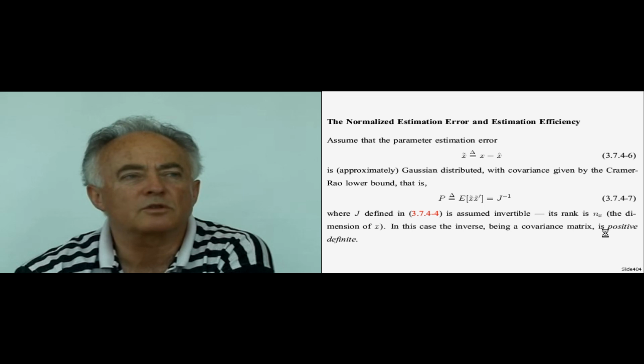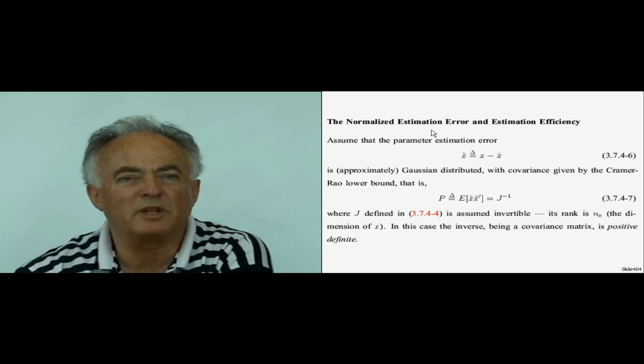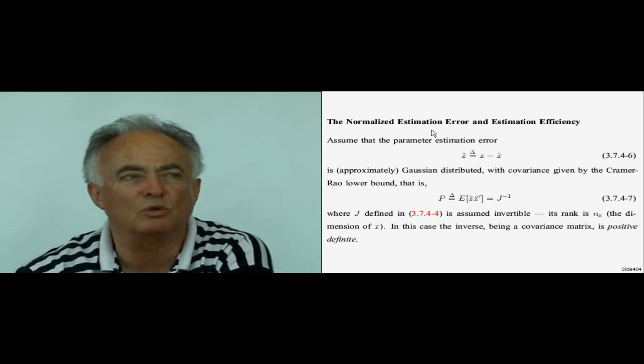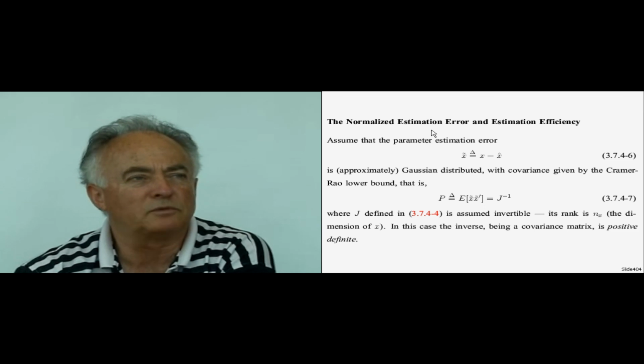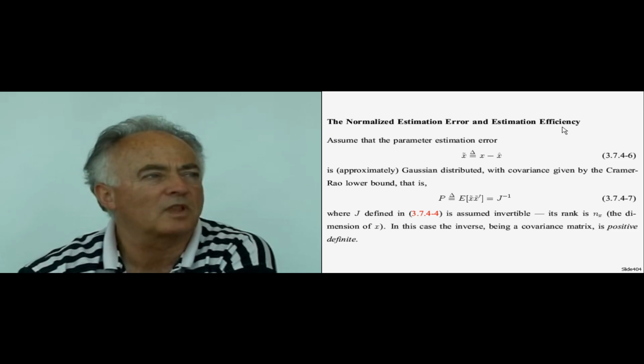Next, assuming that the Cramer-Rao lower bound exists, we have a lower bound of the covariance matrix. But since this is the only expression we can obtain for the covariance, we hope it is the actual covariance rather than just a lower bound. Therefore, we are hoping we have estimation efficiency.